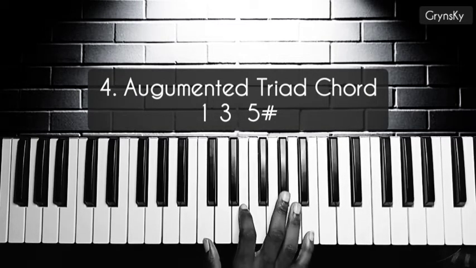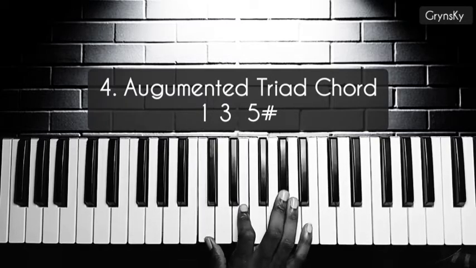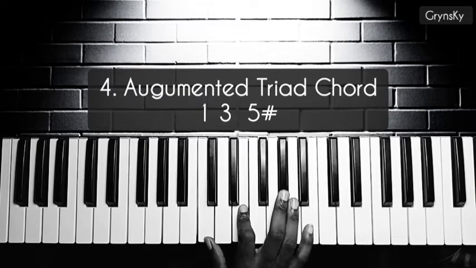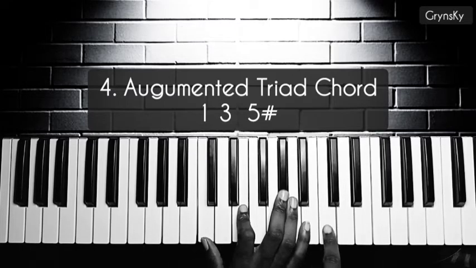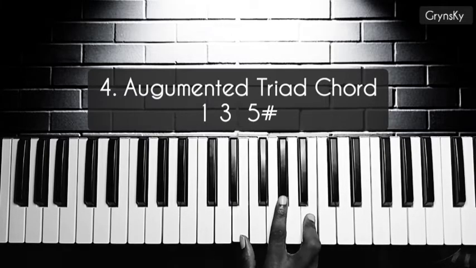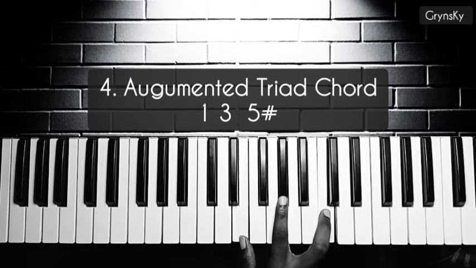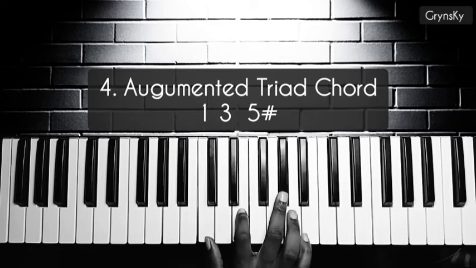This is the augmented chord for key C. When I move this note to the top one, I'll find the first inversion for it. So this is E major, then the augmented chord is this one, and it's the same as C.